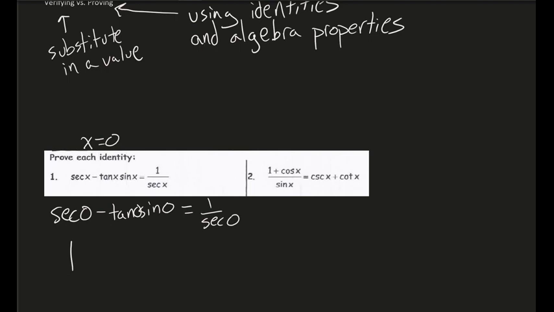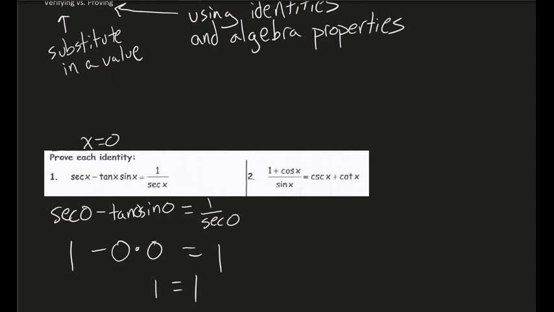Secant of 0 is 1. Tangent of 0 is 0. Sine of 0 is 0. So 1 minus 0 is 1. Great. We've shown that this identity works for that specific value.